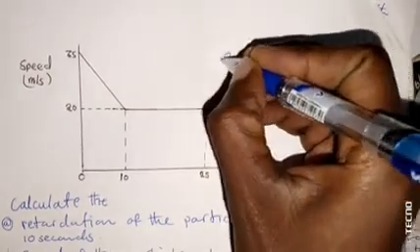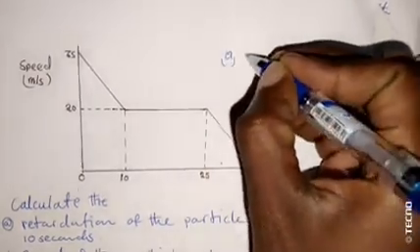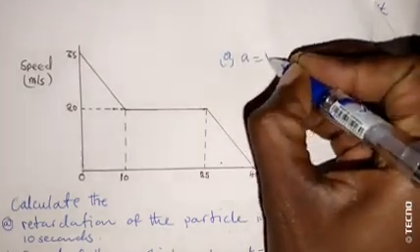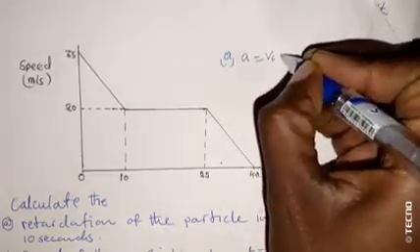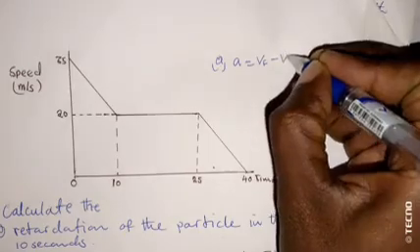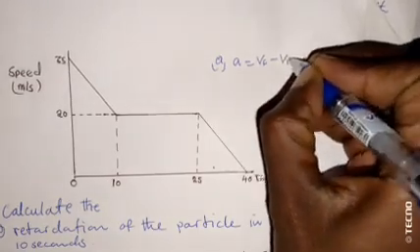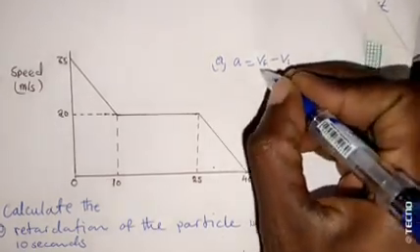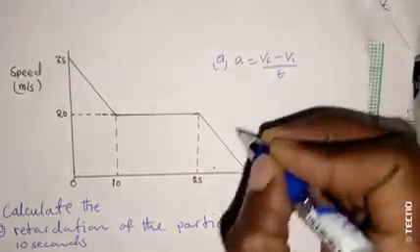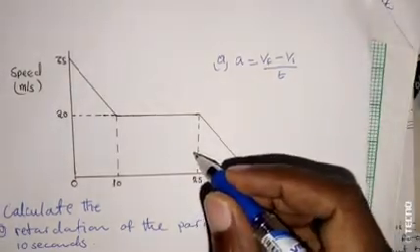Say A. So retardation, so it will be A is equal to final velocity minus initial velocity. So I'll use I, initial velocity, then over time taken, which should be in seconds.